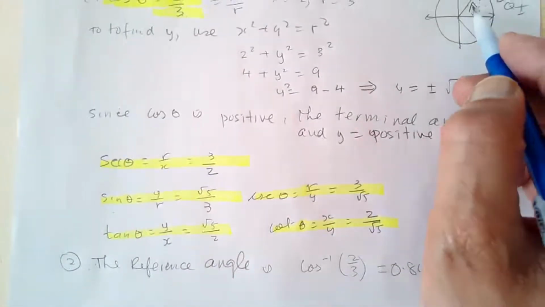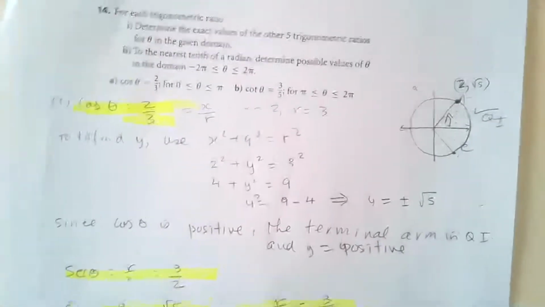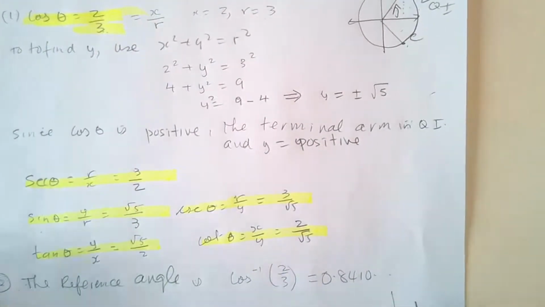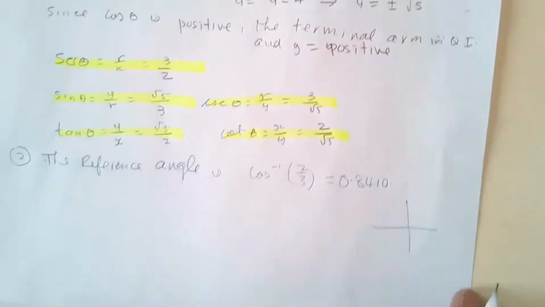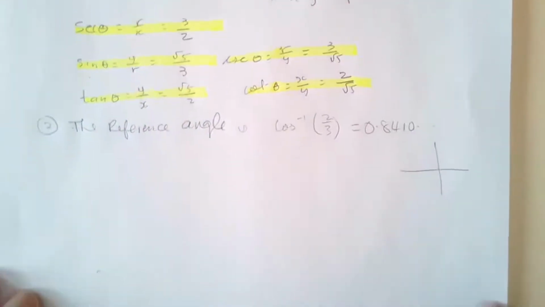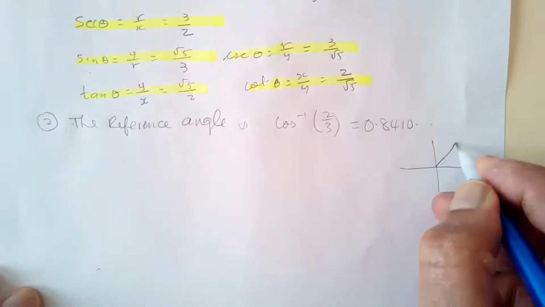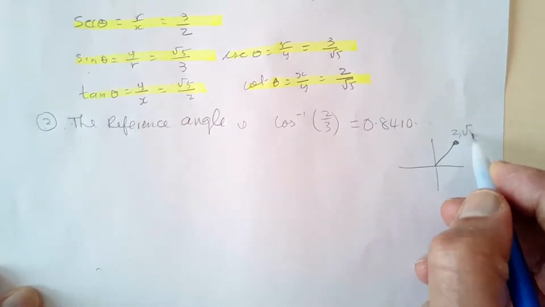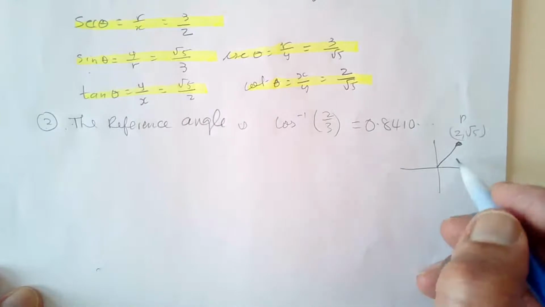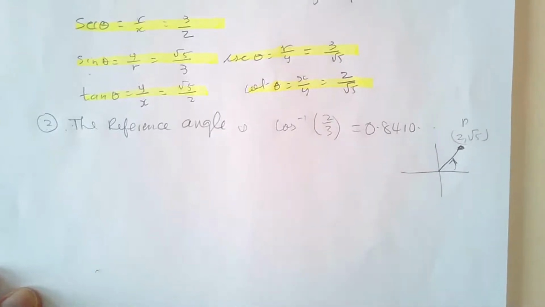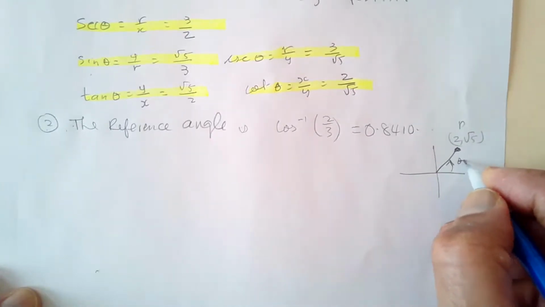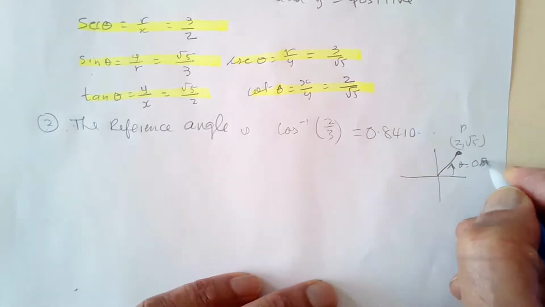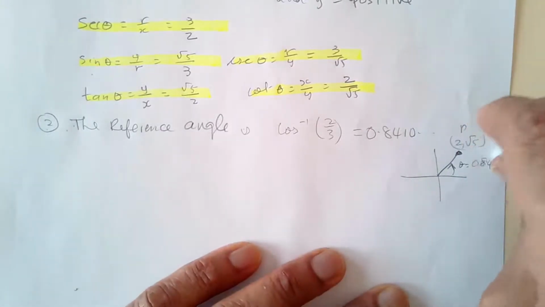I'll just redo it here so you can see. So here is a terminal point, and that's our reference angle. Theta is equal to 0.84.